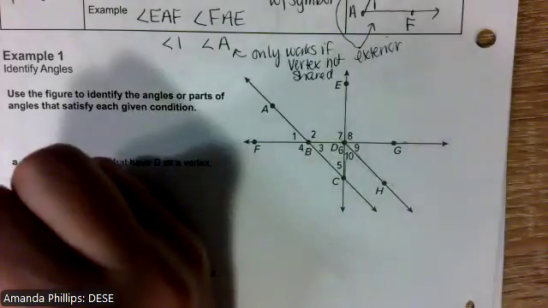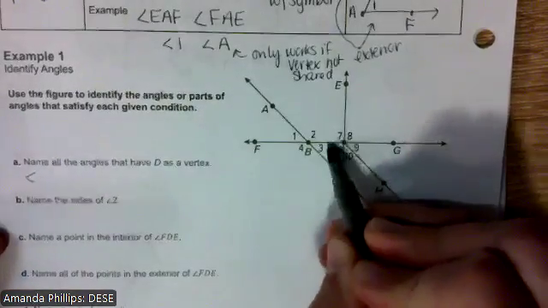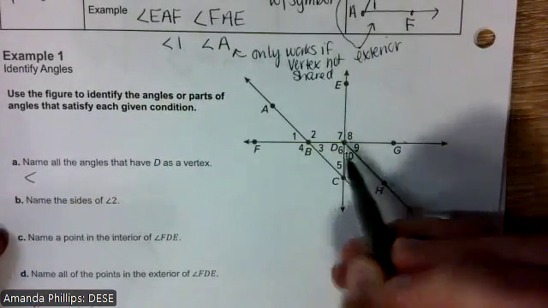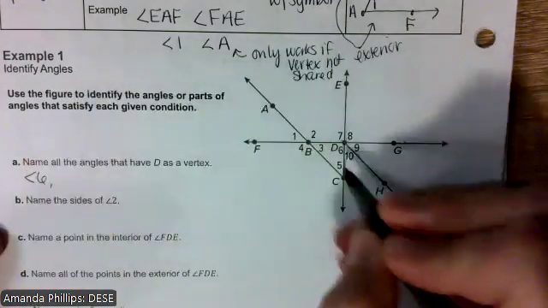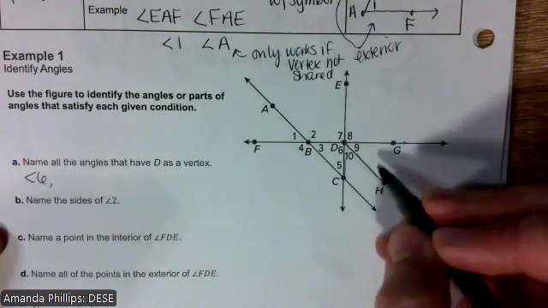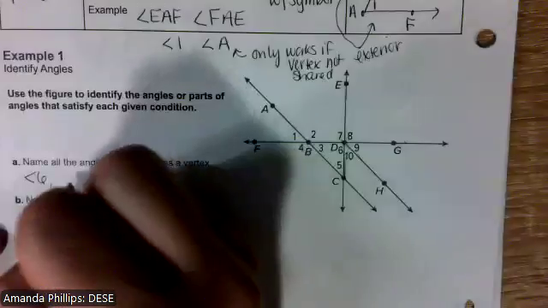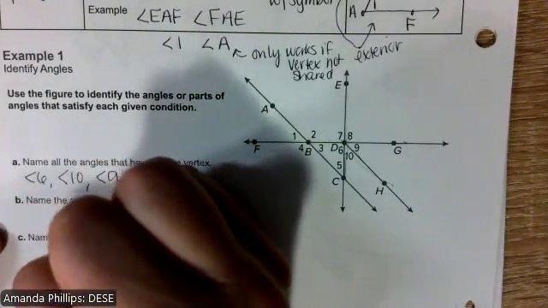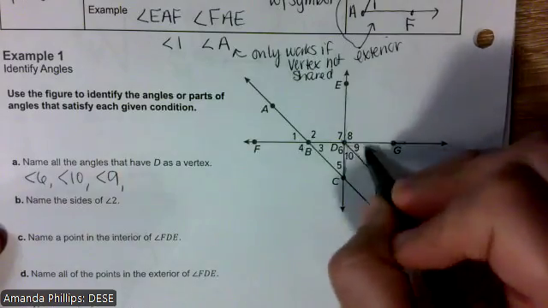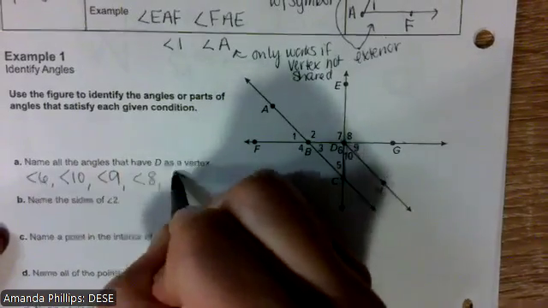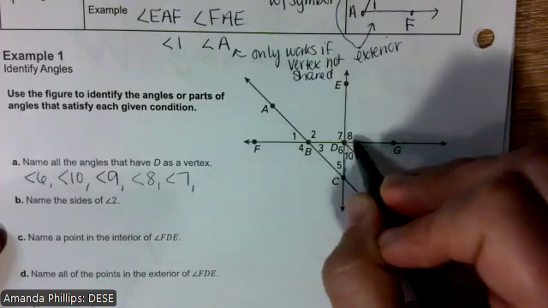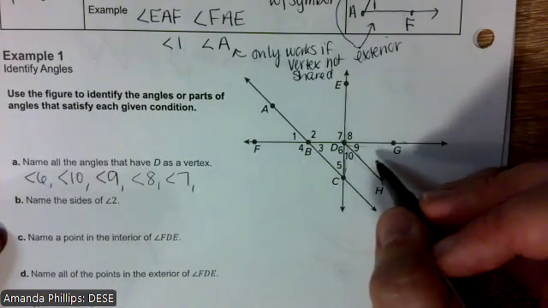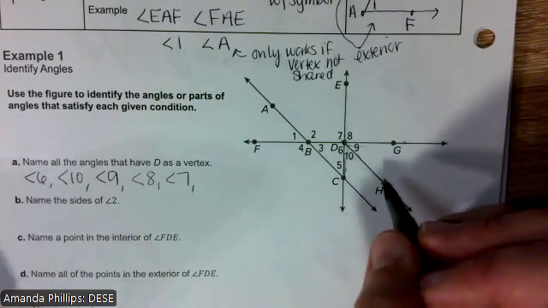I see that angle 6, that's just where my brain went first, does have D as a vertex. So does angle 10, angle 9, angle 8, and angle 7. Those are the numbers that are around there.